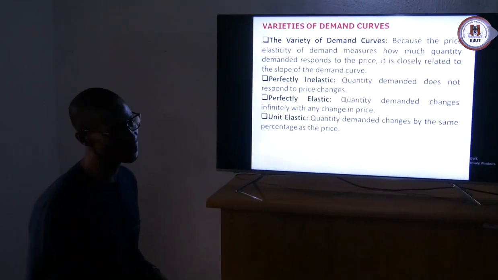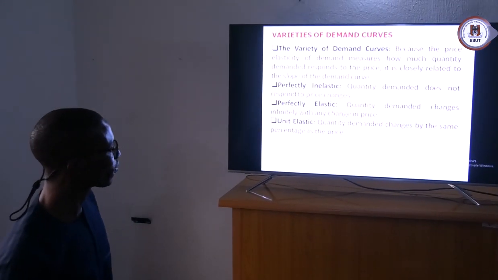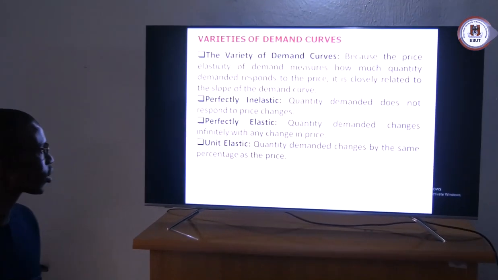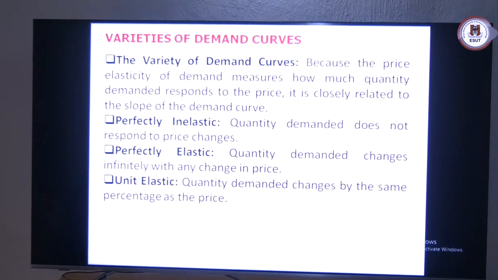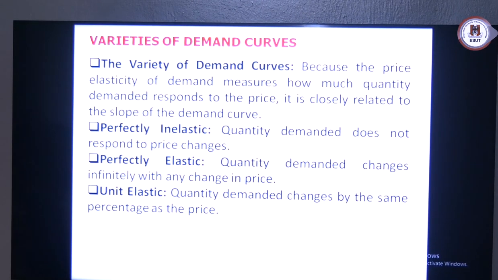Varieties of demand curve. Price elasticity of demand measures how much quantity demanded responds to prices. It closely relates to the slope of the demand curve. We have perfectly inelastic and we have perfectly elastic.